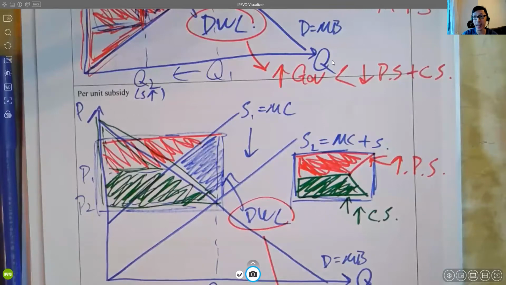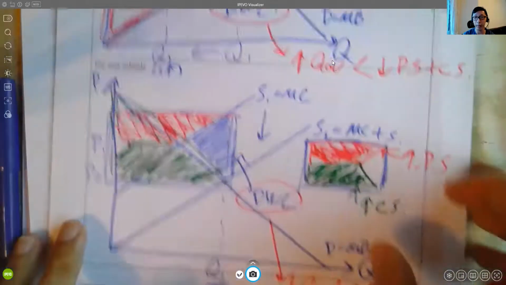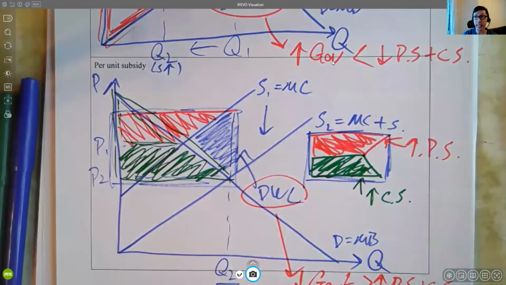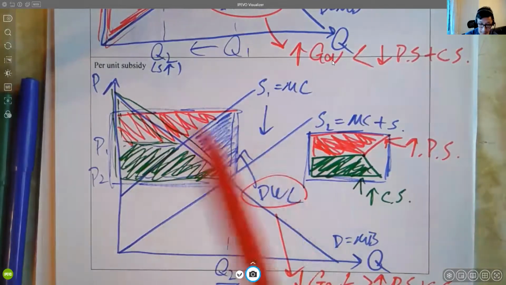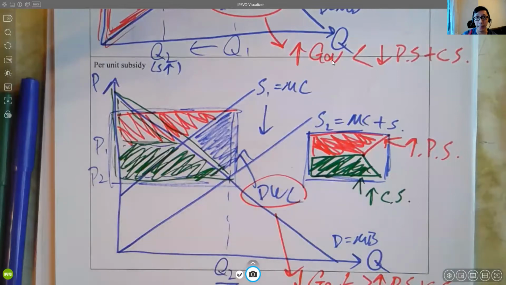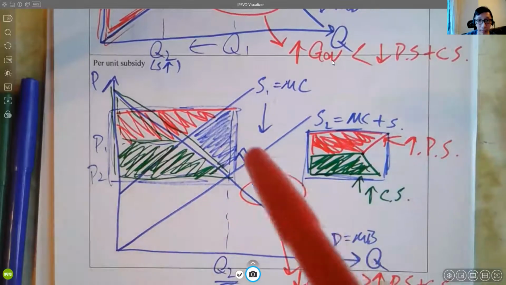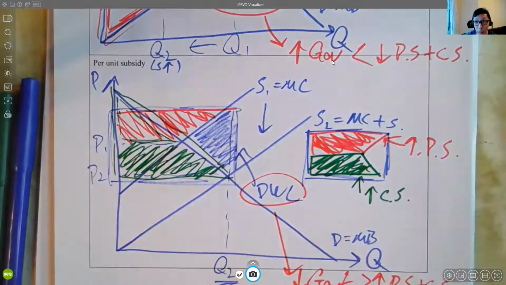Again, I understand these two are very complicated and there are easier ways to explain these diagrams. But remember, in 2020, they actually do not allow you to use another method, which we are going to learn in our next video. Next we will teach MB versus MC, but sometimes they don't allow you to just look at MB and MC. Therefore, make sure you know what we are talking about for this part. If you don't understand, rewind the video, or if you still don't understand, WhatsApp me, call me, I'll teach you.